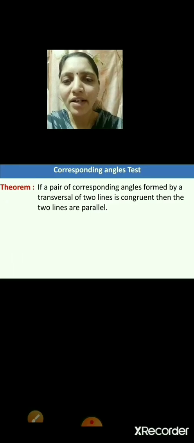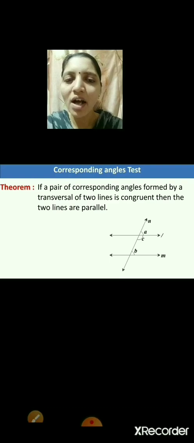Now let's understand the corresponding angles test. If a pair of corresponding angles formed by a transversal of two lines is congruent, then the two lines are parallel. This is also called the converse of the corresponding angles theorem.